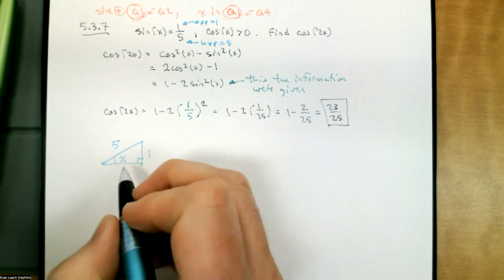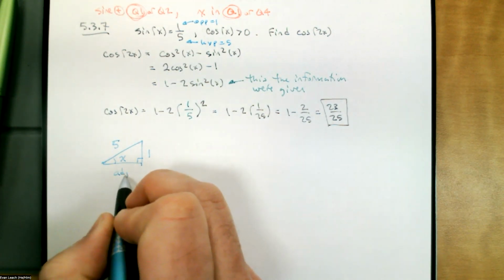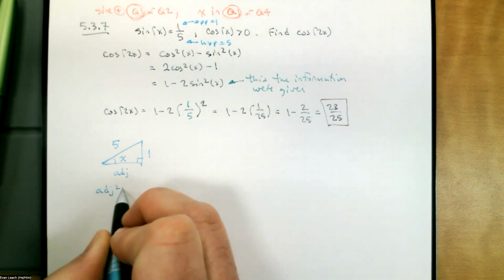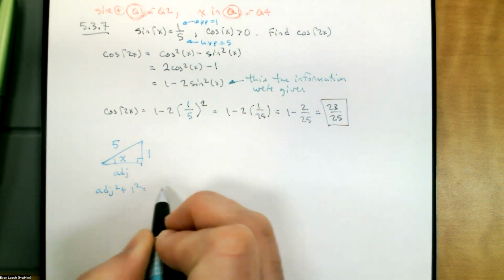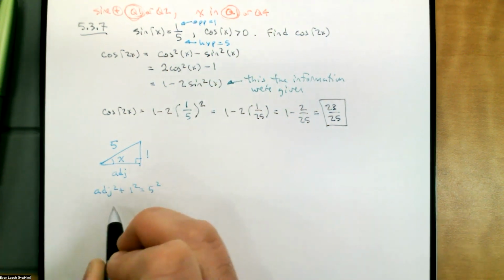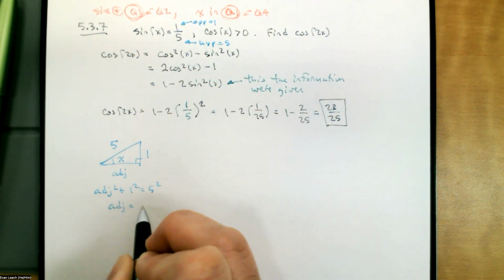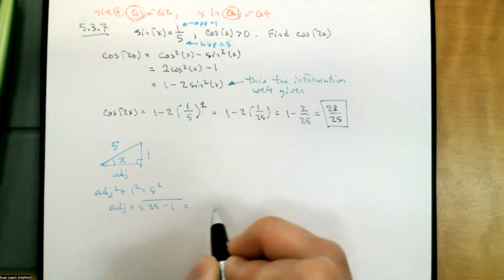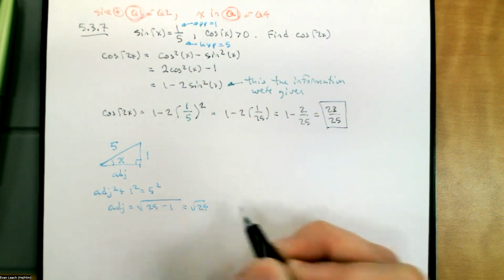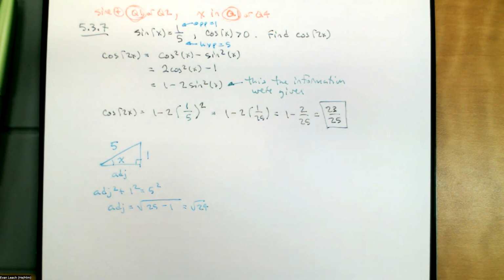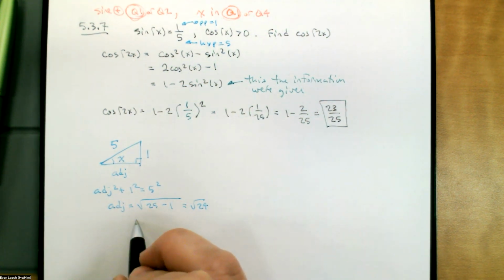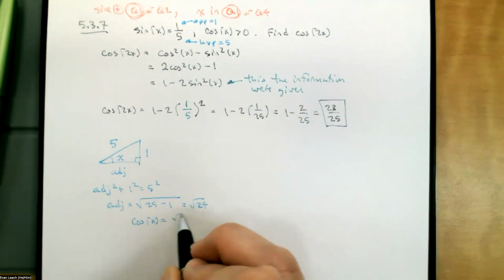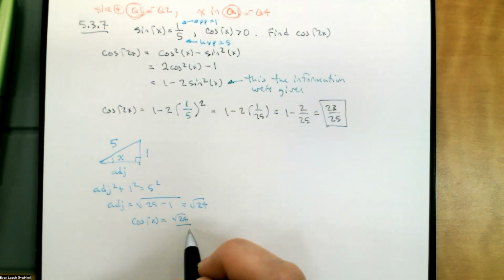Then the adjacent squared plus the opposite squared is the hypotenuse squared. So the adjacent side will be the square root of 25 minus 1, or the square root of 24. That would mean that cosine of x is adjacent over hypotenuse.